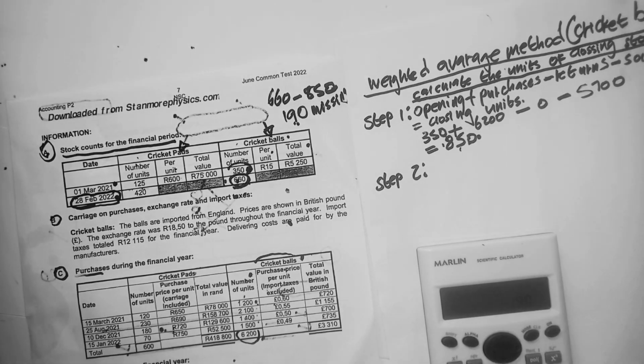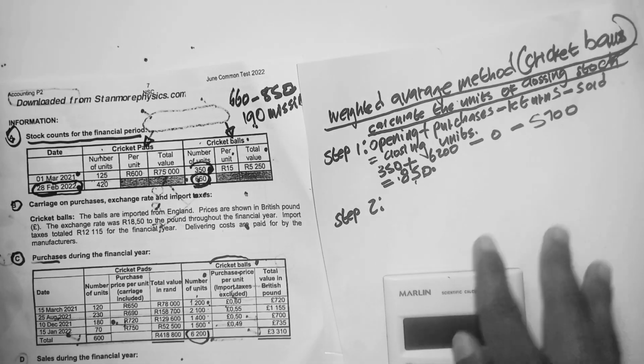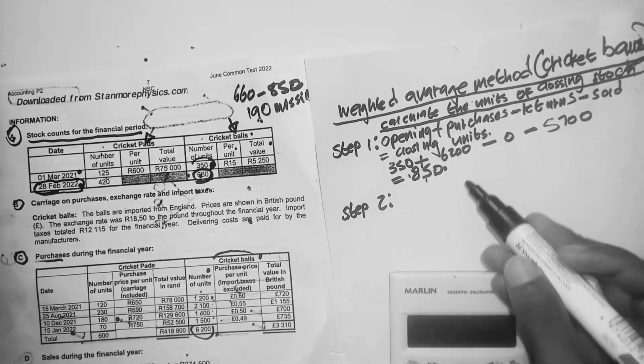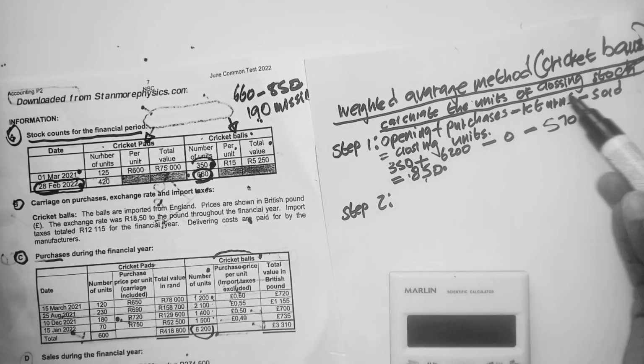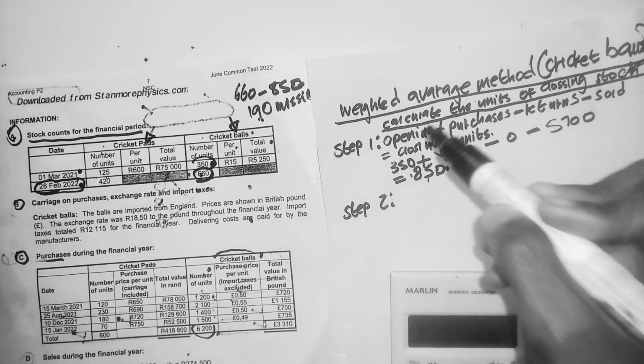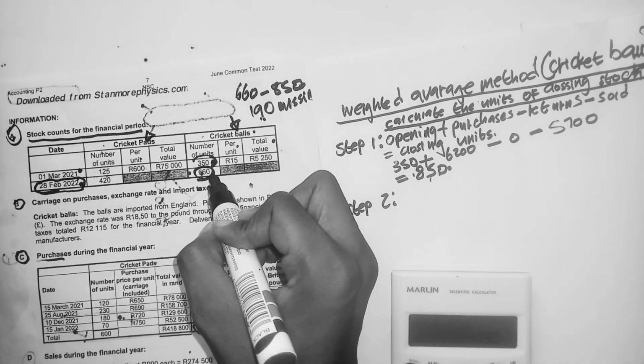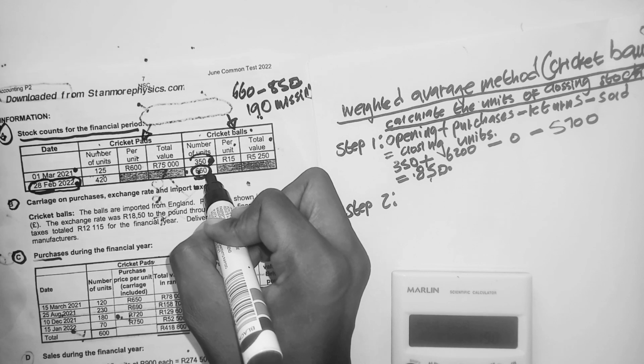You may come across a formula that says calculate stolen or number of units that are missing. This is the same formula. You just use the formula for step 1, then you take the answer for step 1 minus the number of units that they gave you at the end of the year. Understand?